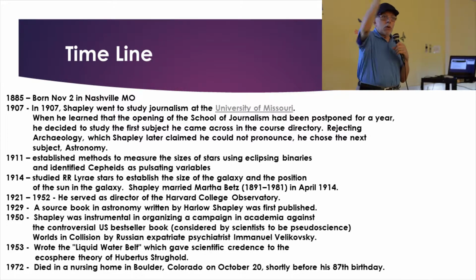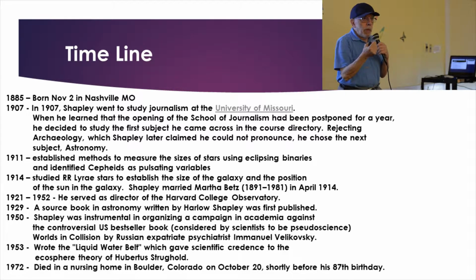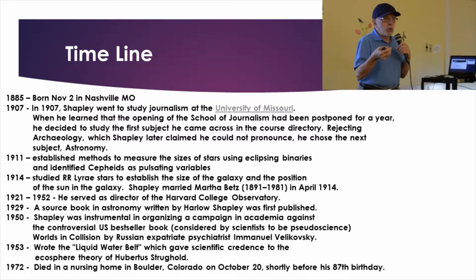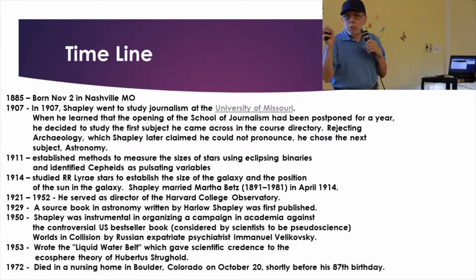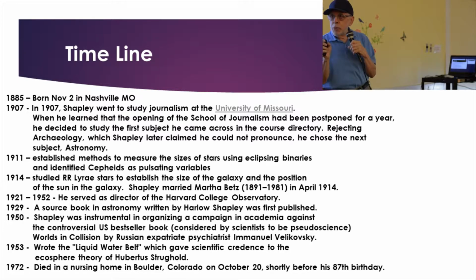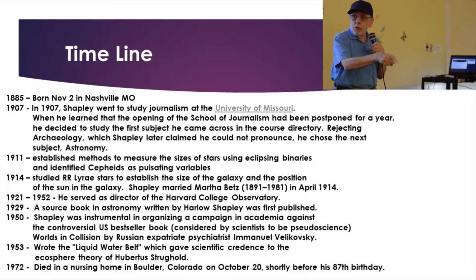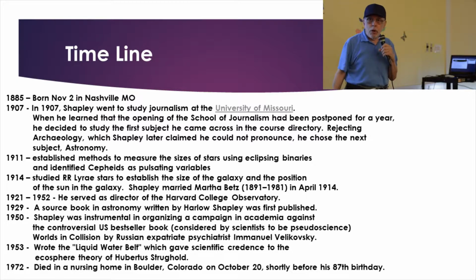Instead of going around like this, it's going around like this. So when the smaller star comes in front of the larger star, the light from the larger star is dimmed by a small amount. And so with sensitive instruments, we can establish what is known as a light curve, which shows the dimming and brightening of the light that's coming from the larger star.